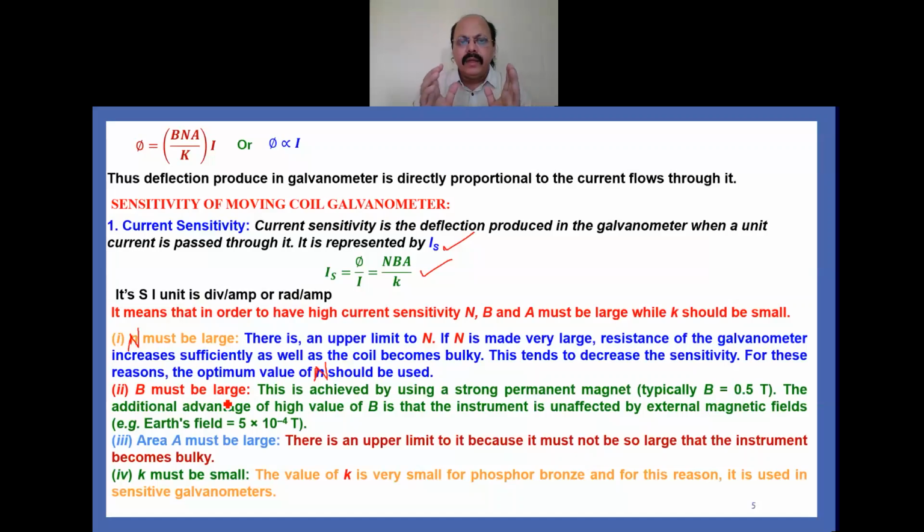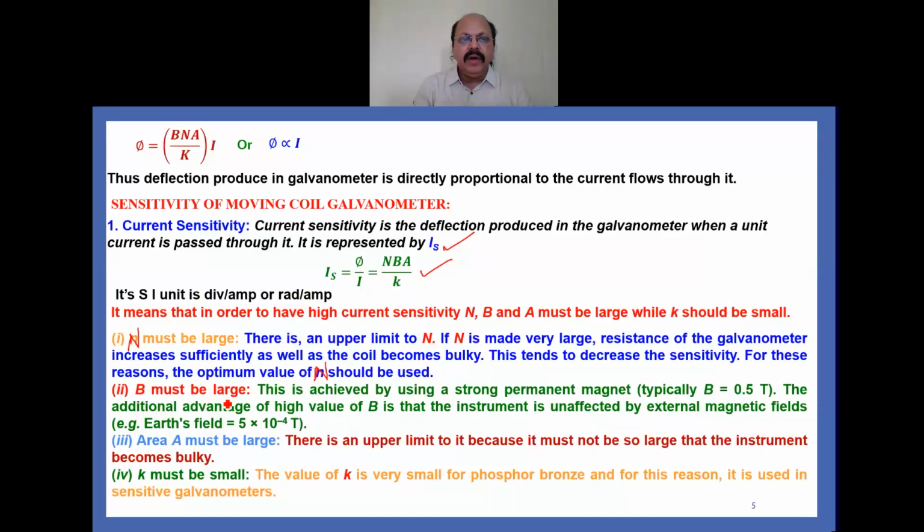So B can be increased by using a strong permanent magnet, typically we take B equal to 0.5 Tesla, and the additional advantage of increasing the value of B is that the instrument is unaffected by the external magnetic field. For example, the magnetic field of Earth is 5 into 10 raised to minus 4 Tesla. So that's why the moving coil galvanometer works in a high magnetic field.